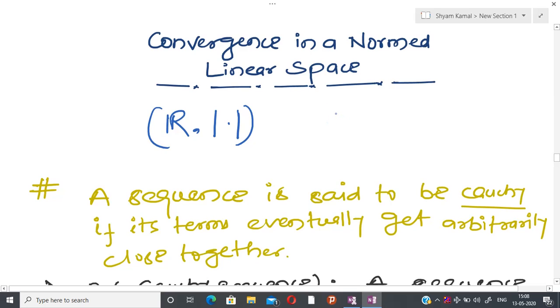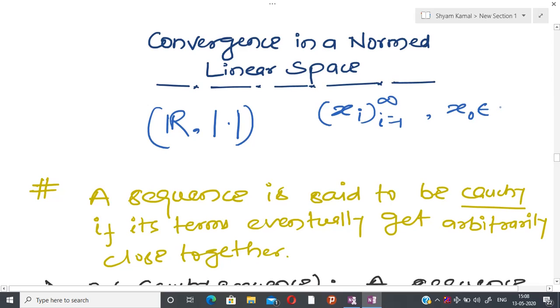Suppose I have a sequence, which I denote x_i from i equal to 1 to infinity, a sequence of real numbers, and we say that the sequence converges to some point x0, where the real line I am denoting by R here.